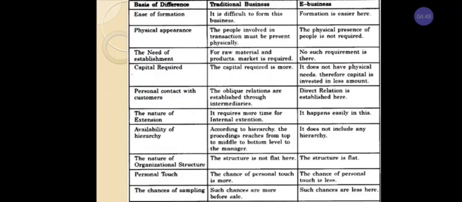The next difference we have is the nature of extension. Nature of extension is nothing but how you can start one more branch. Got it? Extension of business. In traditional business, it requires more time and more effort.